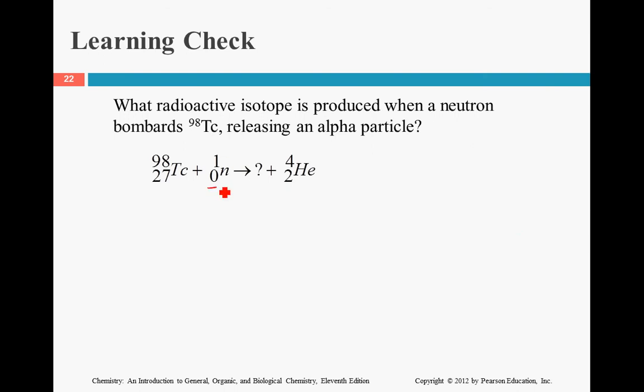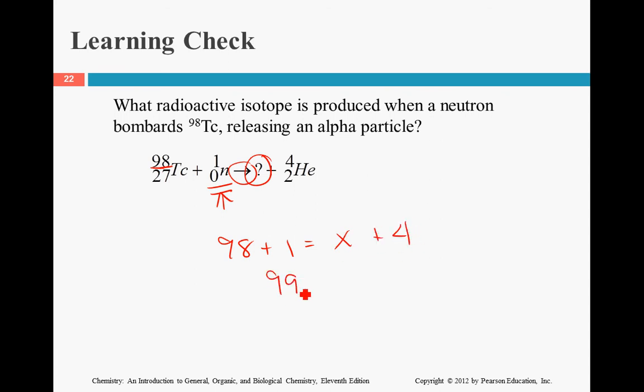So here's another example. The small particle here is a neutron. So if we look here, we want to know what that is. So 98 plus 1, I'm using the arrow as an equal sign, x, whatever that is, plus 4.